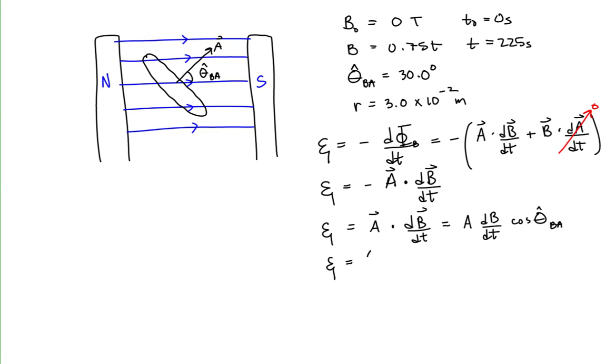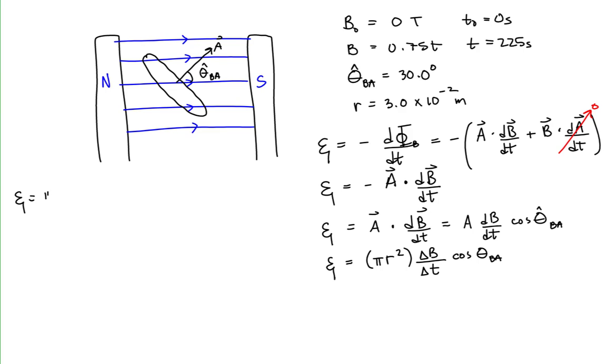The area of the loop is equal to pi times the radius of the loop squared. And the magnetic field is changing at a constant rate. So the time rate of change of the magnetic field is just the change of magnetic field over the time interval in which it changes, times the cosine of the angle between the magnetic field and the area vector. So now we have all the parts. Let's go ahead and plug in the values that we have.